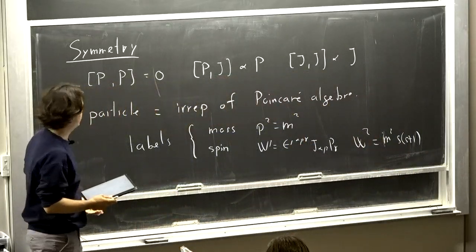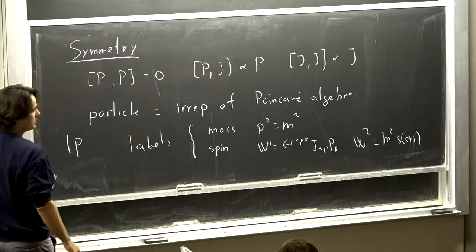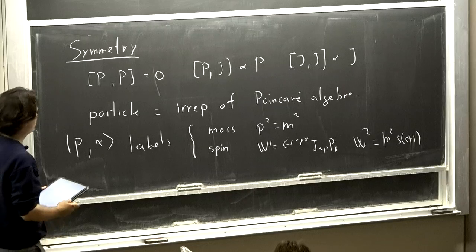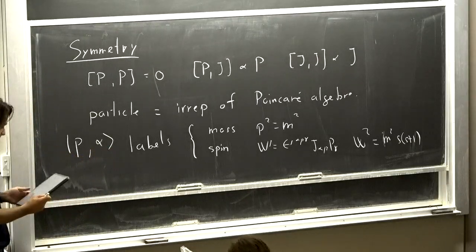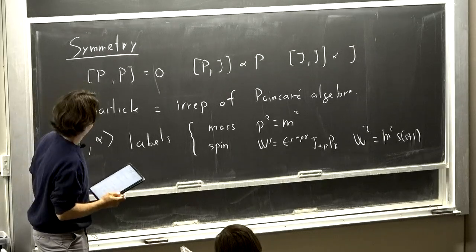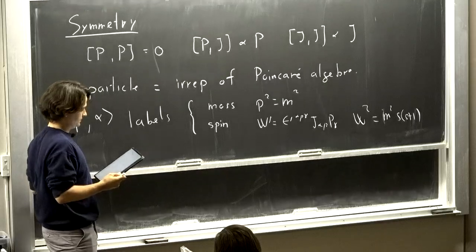So these are the labels that I use. In my states, they will look something like something labeled by a momentum, and then there will be some other labels that in particular they will tell me how this thing transforms under Lorentz transformations. Okay. So how do we think about this spin or these extra labels?